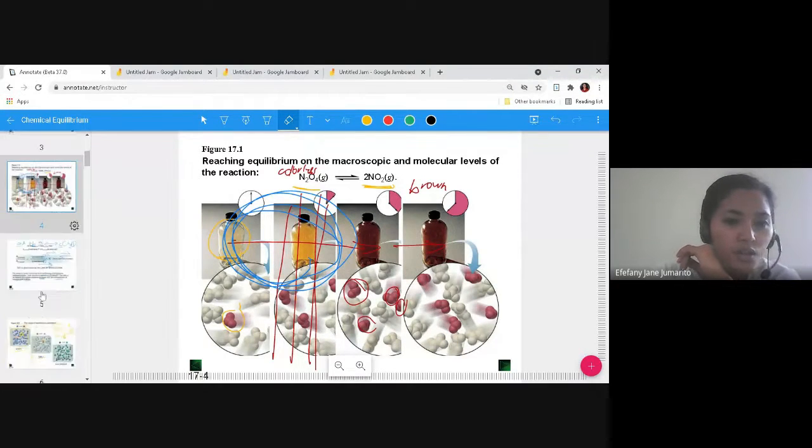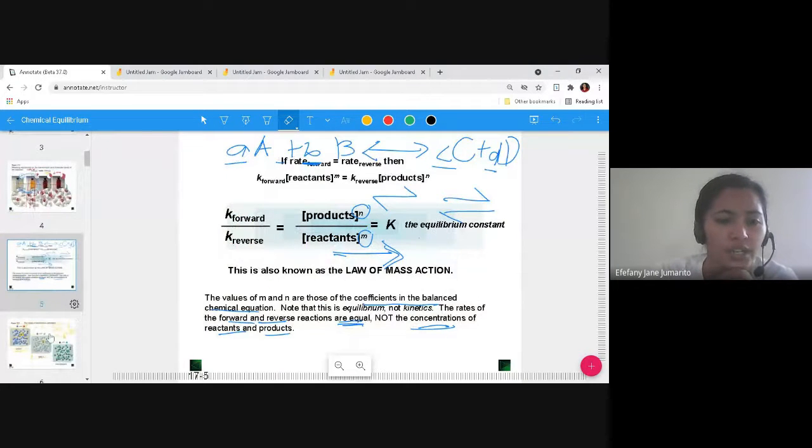Then we also have the expression for the equilibrium constant and the quotient, Q. That is product over reactant. Again, same thing: your coefficients are your reaction orders. Unlike in kinetics, where you cannot just use the coefficients as your reaction orders, because it is based on an experiment.